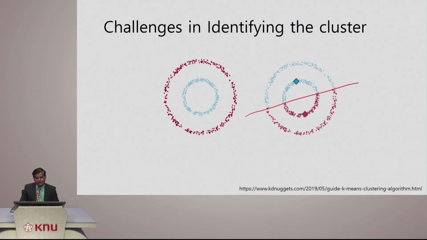But the original figure shows that the inner circle has similar points and the outer circle has similar points. So what are we going to do in these circumstances? That is one more challenge in identifying the actual clusters. If you just do it like this, then that's going to be a mistake.